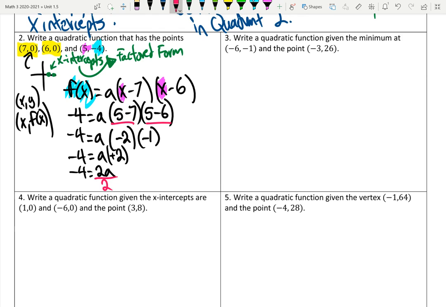I'm going to divide each side by 2, getting a is equal to negative 2. Okay, using this, I'm going to write my final answer. I am not using this in the final answer. It is going to be f of x equals negative 2 times x minus 7 times x minus 6.